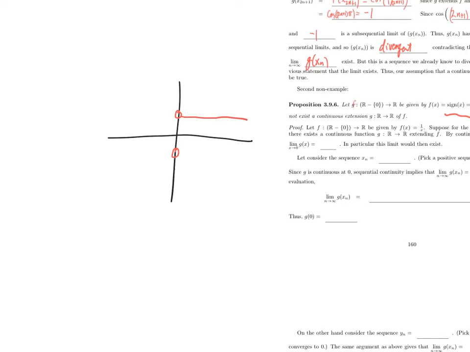So there's the graph of this function. And we'll use this sequential idea again. So if there is a continuous extension, then g of 0 has to be equal to something. And by continuity, that something has to be the limit as x approaches 0 of g of x.